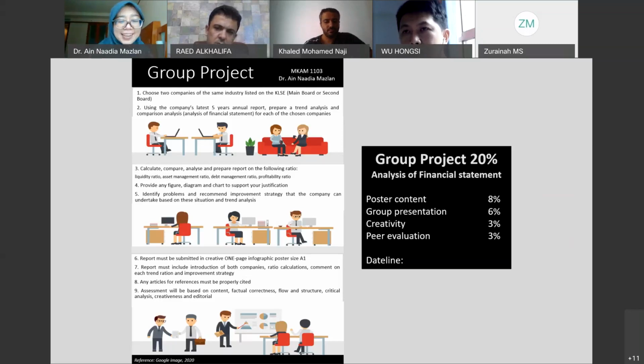And finally is the peer evaluation. Peer evaluation here means that I'm going to send you a report in which you give marks to all your group members.